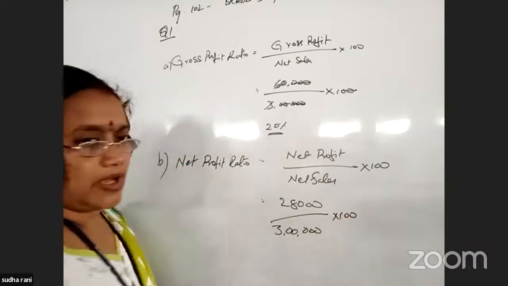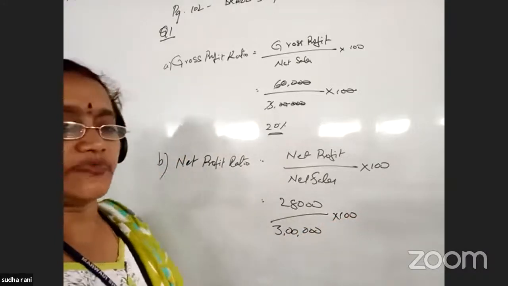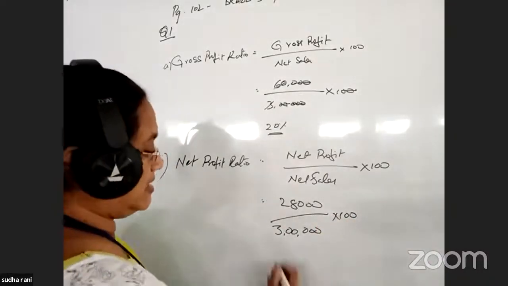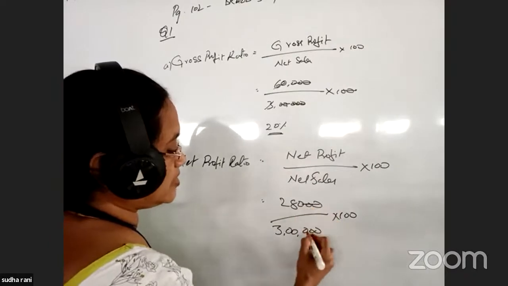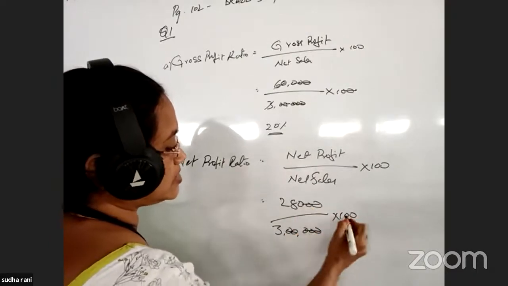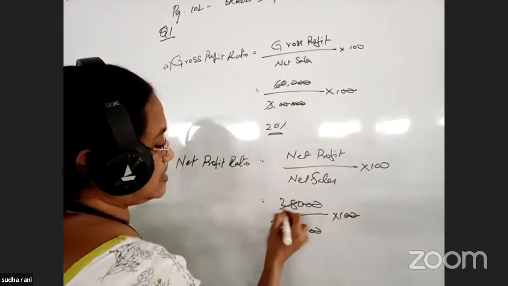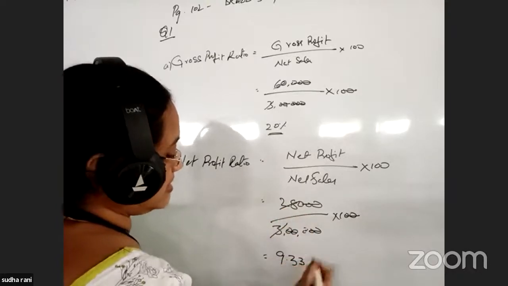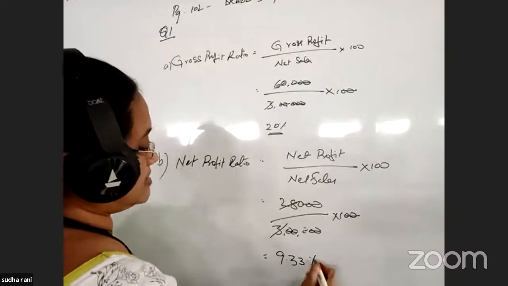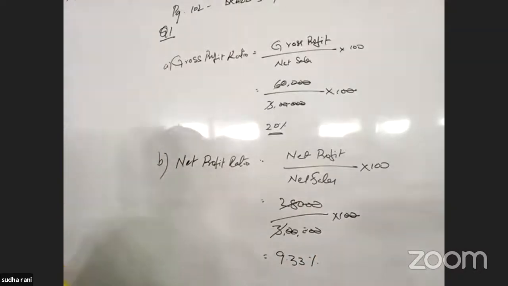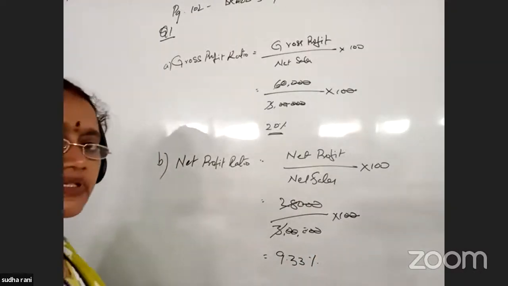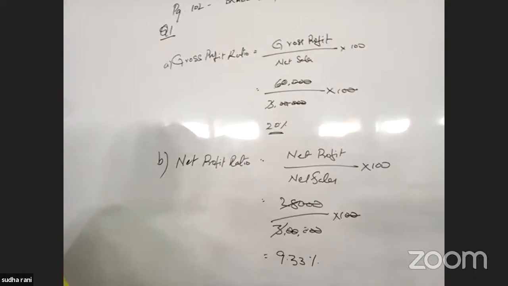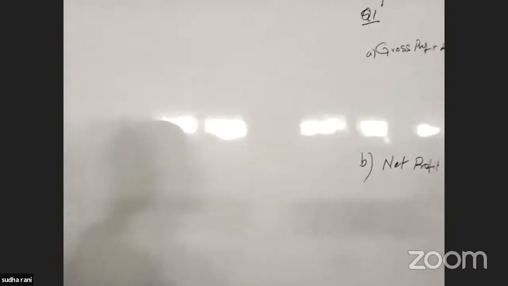I already told you profitability ratios we express in terms of percentage, so we multiply with 100. 3 zeros cancel, 2 zeros cancel, and 28 by 3 gives 9.33%.